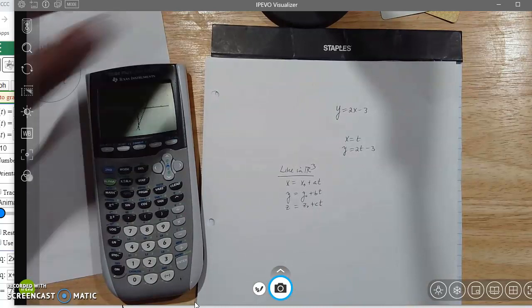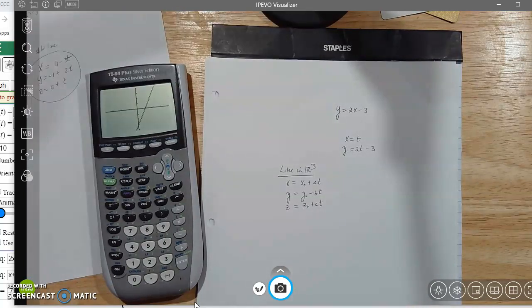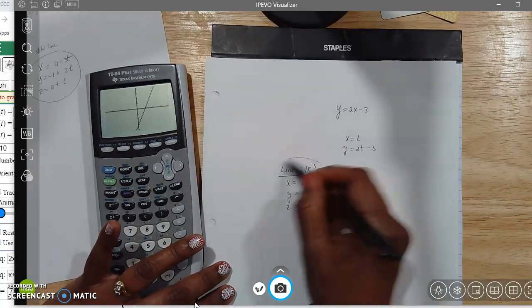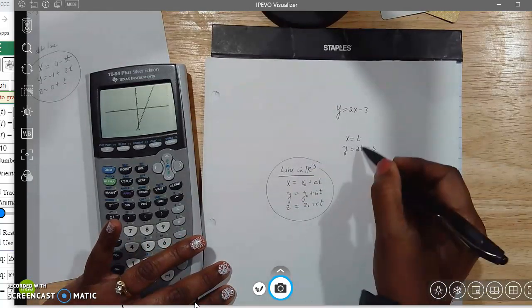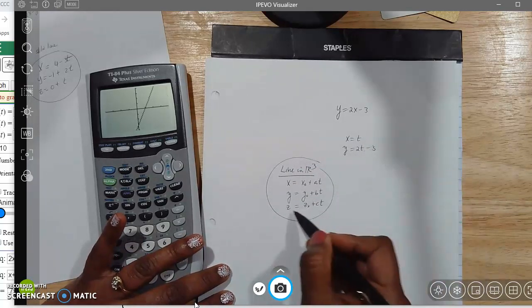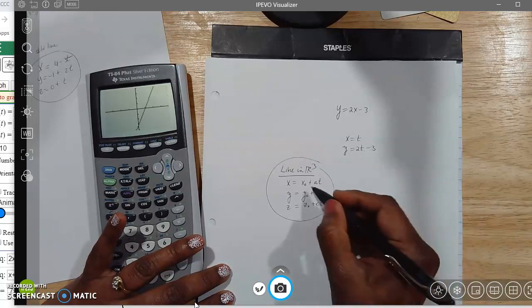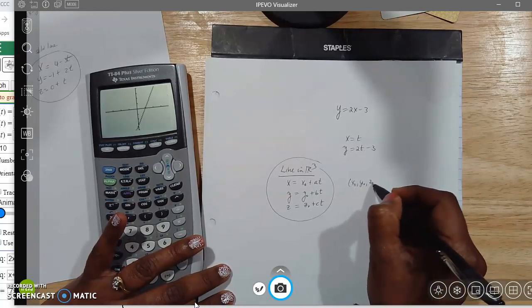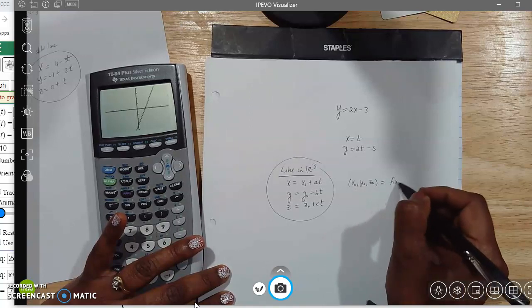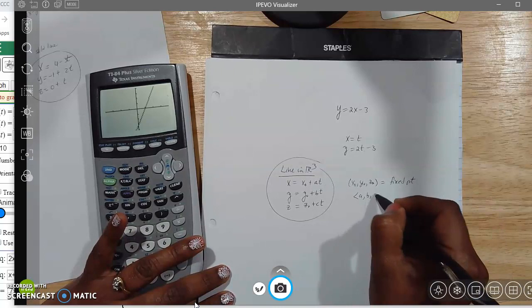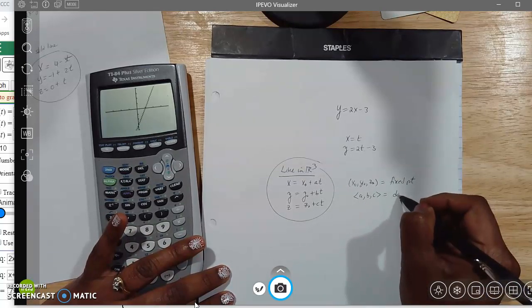Now, Calc 3 is not a prereq for this course, but I do a quick explanation in linear algebra. This part here is an extension from Calc 2 of what you saw in 2D. You just have a z component. So x naught, y naught, and z naught are fixed points on the line, some point on the line, and then a, b, and c are the direction vector.